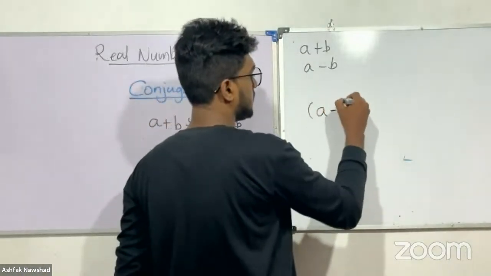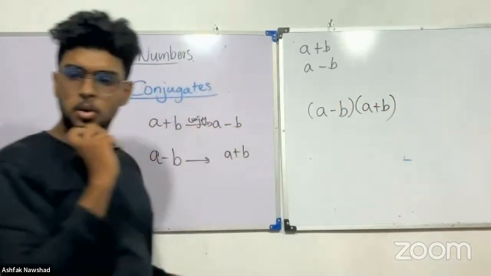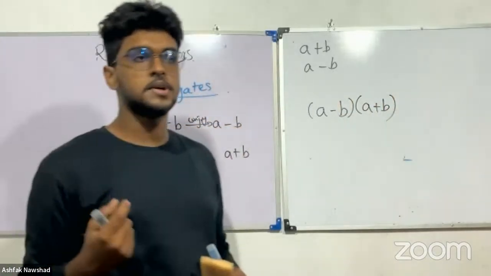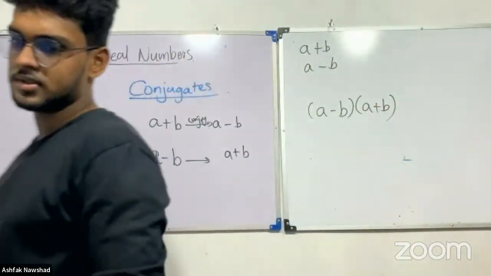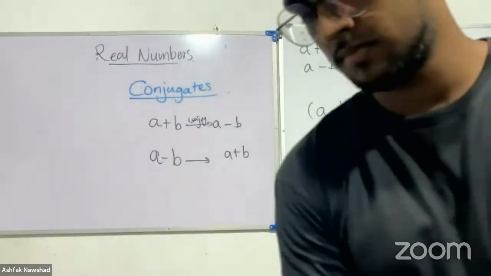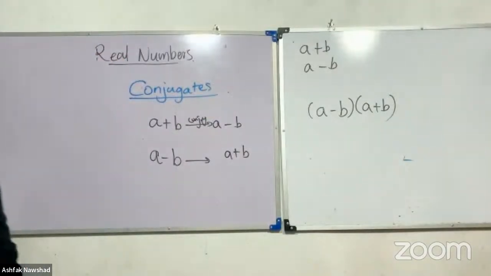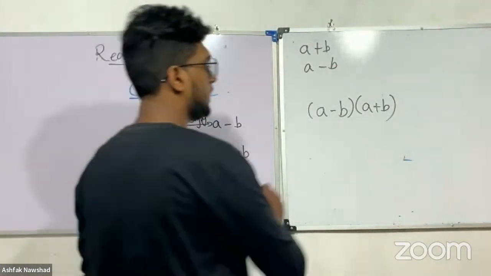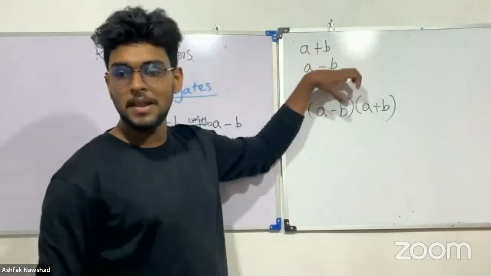Mostly we are multiplying two conjugates, and in grade 10 you might have heard this word, difference of two squares. Have you heard it? A difference of two squares expression is generated by multiplying the conjugates.